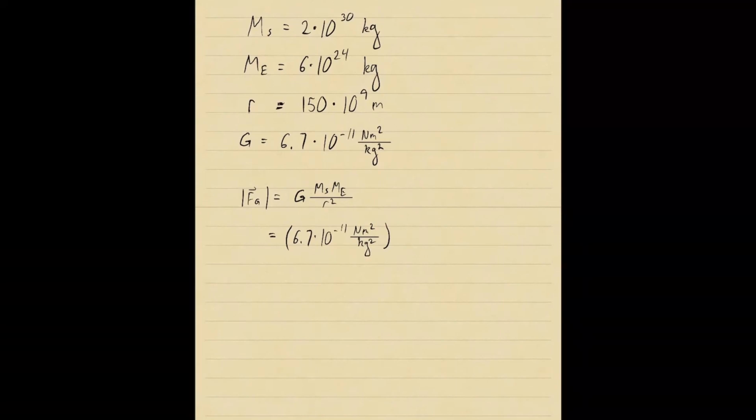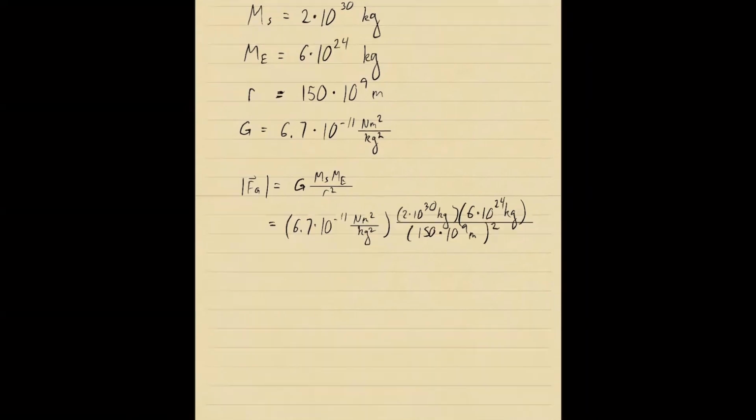So in the numerator, we have 2 times 10 to the 30 kilograms, and the mass of the Earth, which is 6 times 10 to the 24 kilograms. And in the denominator, we have 150 times 10 to the 9 meters, and we're going to square it.